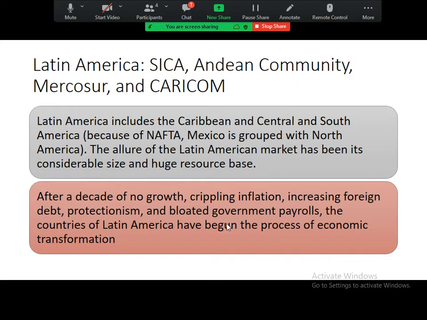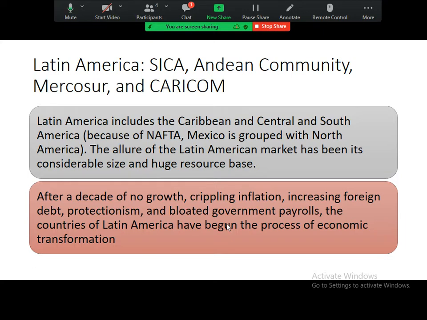The allure of the Latin American market has been its considerable size and huge resource base. After a decade of no growth, creeping inflation, increasing foreign debt, protectionism, and bloated government payrolls, the countries of Latin America have begun the process of economic transformation. Balanced budgets are a priority and privatization is underway.